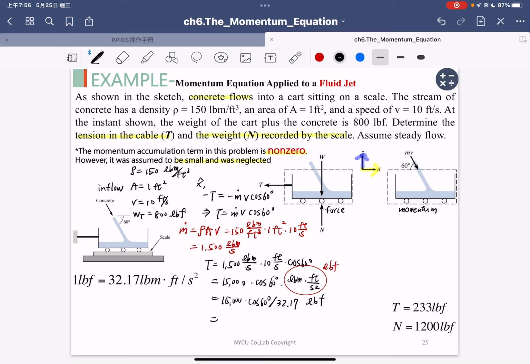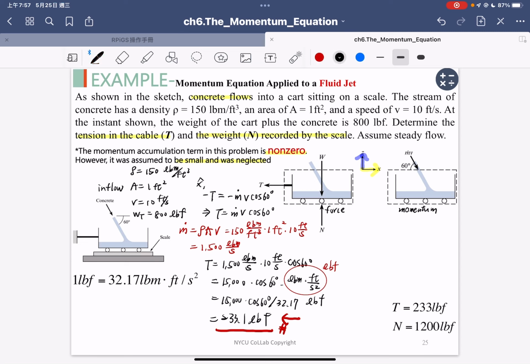I use the calculator: cosine 60 degrees divided by 32.17, so that will equal 233.1 pound force. And the answer is leftward, the tension force goes directly to the left.